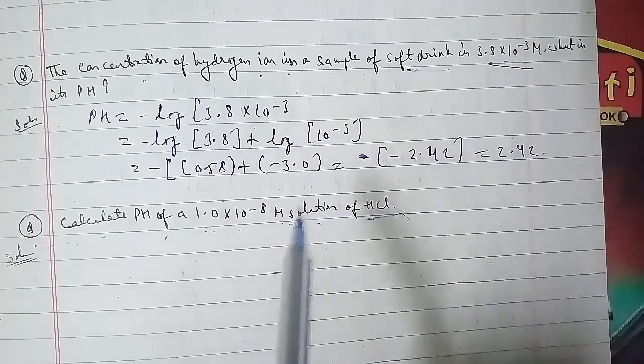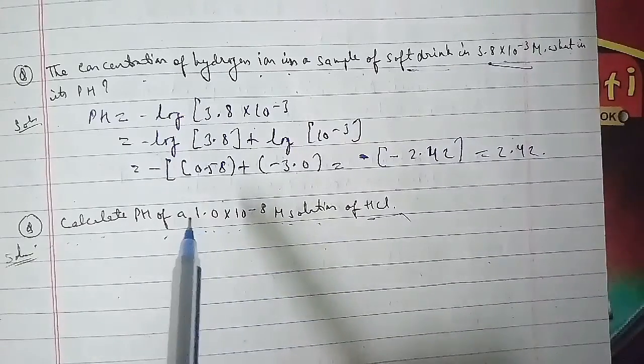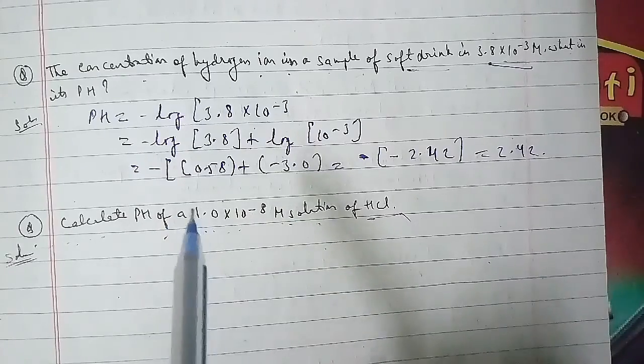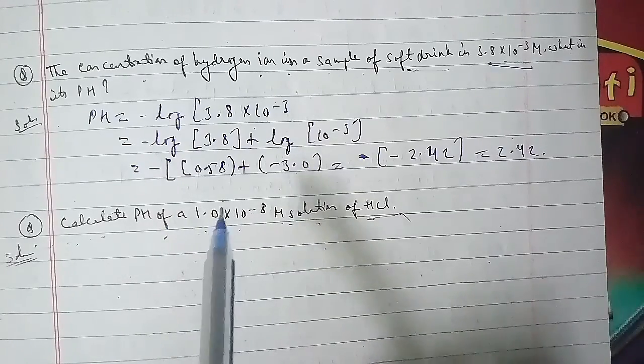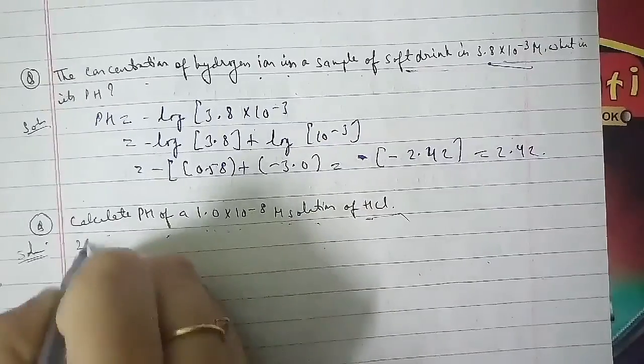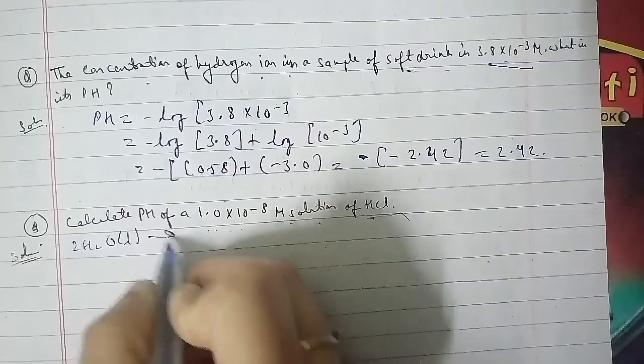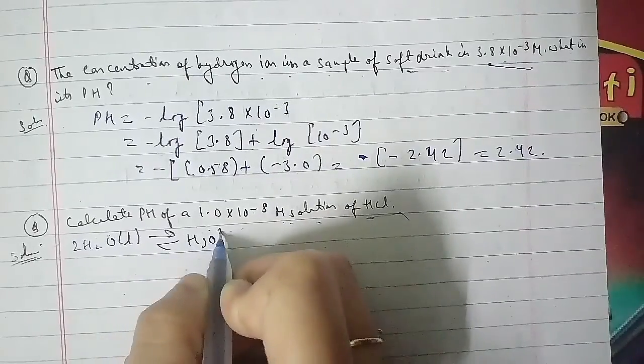So the H3O+ concentration is also generated from the ionization of the HCl dissolved in it, so the equation will be formed as HCl aqueous plus H2O liquid gives H3O+ aqueous plus Cl- aqueous.